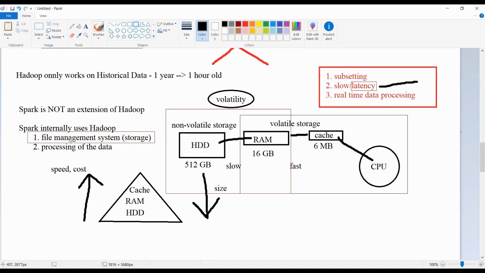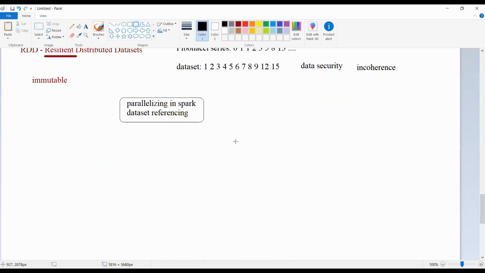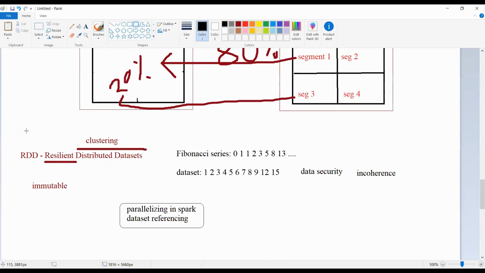The file management system still uses Hadoop internally, but it is doing a wonderful way of subsetting, the exact point we are talking about here. That is what RDD does, and that is what RDD is known for. Got the point?